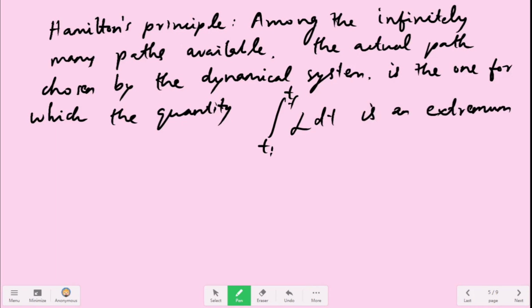So we see that in Hamilton's principle, this quantity integral Ti to Tf L dt is coming. This is nothing but action. So the importance of action lies in the fact that it is coming in Hamilton's principle.